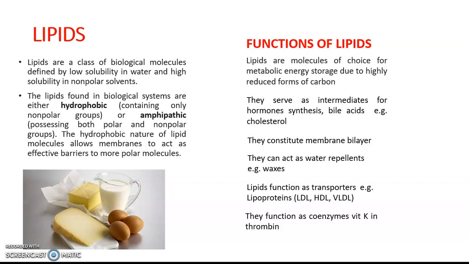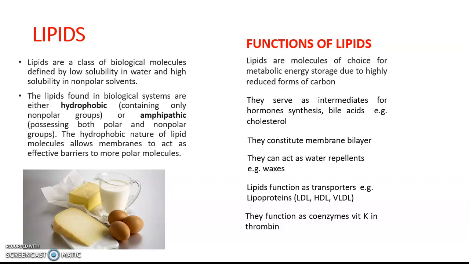Cholesterol is a precursor for the synthesis of these hormones. They can also function as bile acids, which help in the emulsification of fatty foods, usually in the small intestine. They constitute the membrane bilayer, which I talked about earlier.